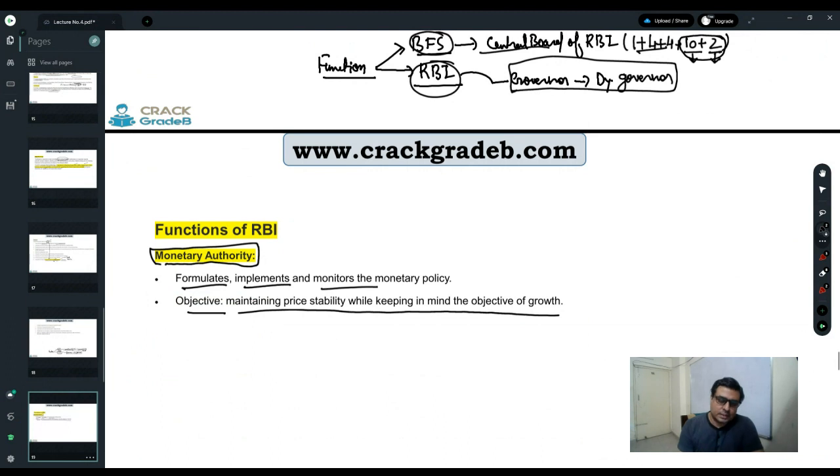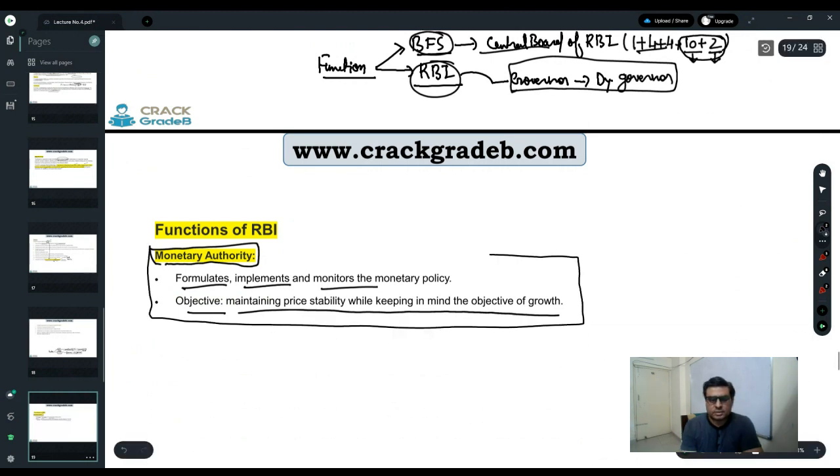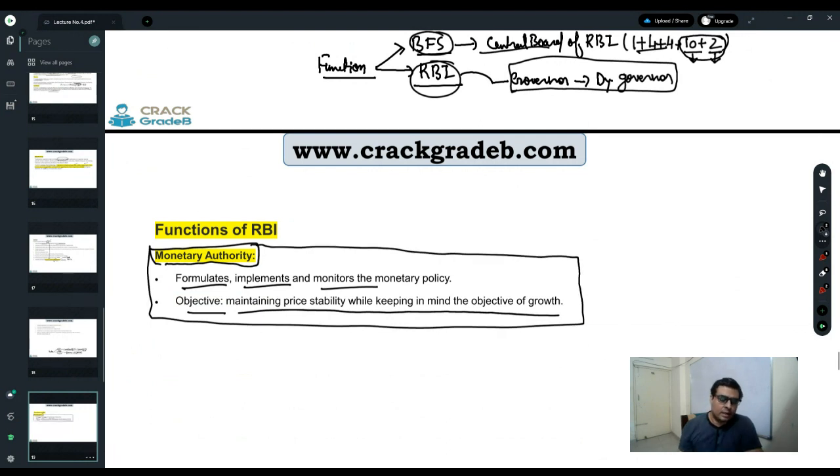If you see the detailed lecture plan, I have mentioned this part separately because it should be discussed in detail. It is the heart of the entire Indian financial system. Monetary policy is the heart of the entire financial system, and it must be discussed in detail, right?